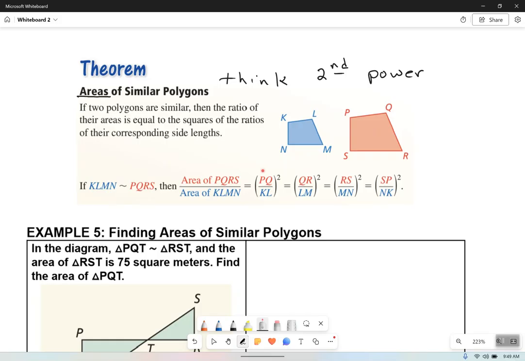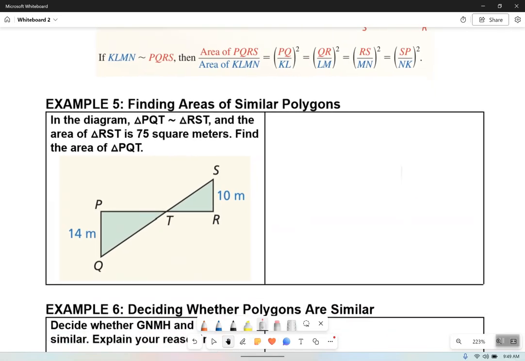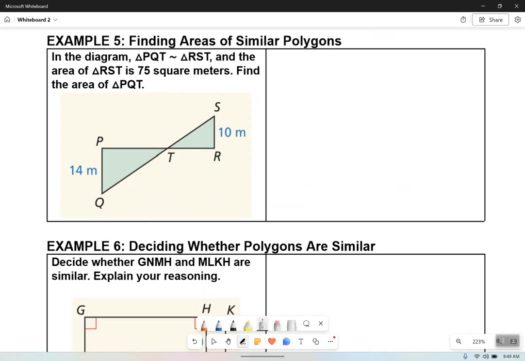So here's this example 5. And I think you guys should probably put an example 5 star here because this is kind of important. And I'm going to highlight this right here. We're finding what now, kids? Area. So I want you to think what power. Okay. It says in the diagram, triangle PQT, the one on the left over here, is similar to triangle RST.